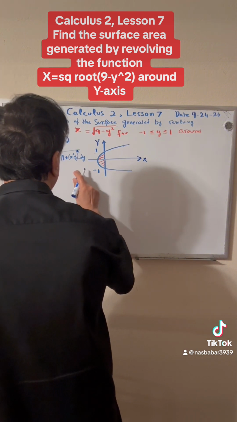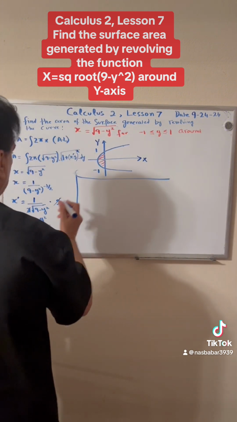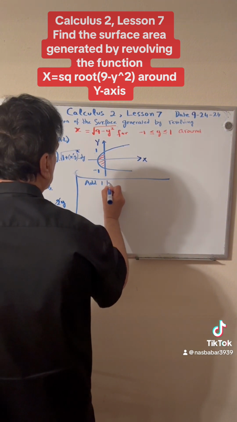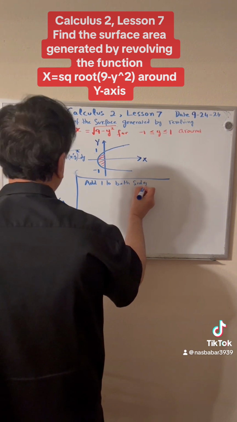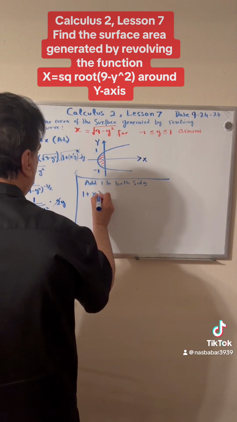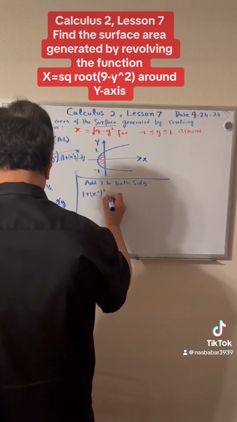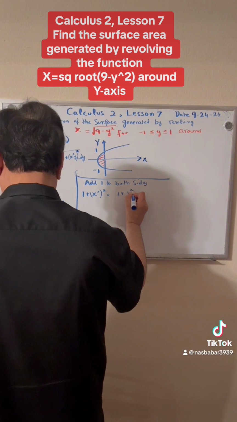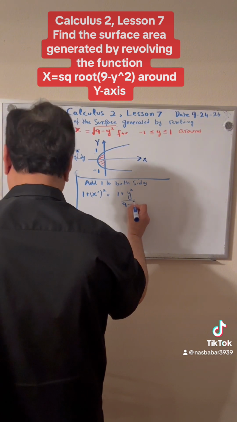Add 1 to both sides. Once we do that, we say 1 + x prime squared is equal to 1 + y^2 over 9 - y^2.